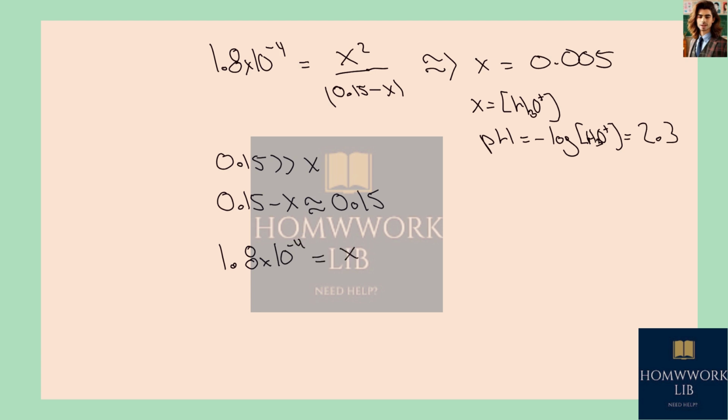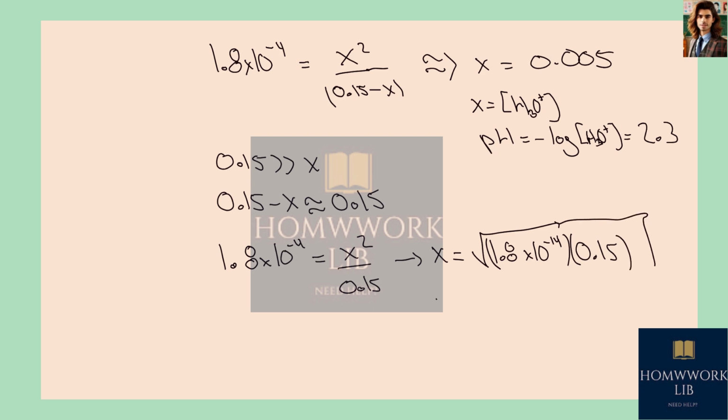So our equation turns into x squared divided by 0.15. Thus, x is equal to the square root of our acidity constant times 0.15, our initial concentration. Maybe you remember similar expressions in books, where they show it like this, Ka times C0.